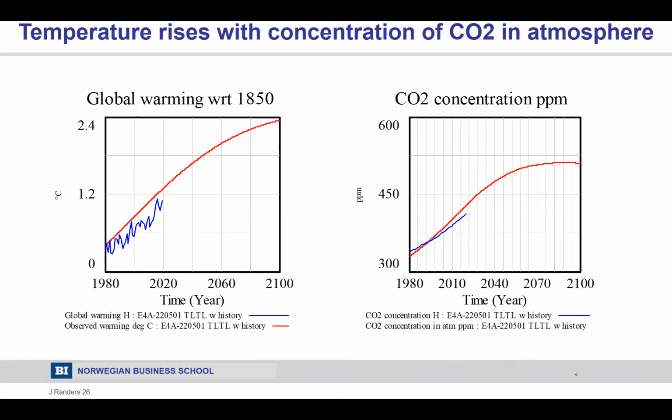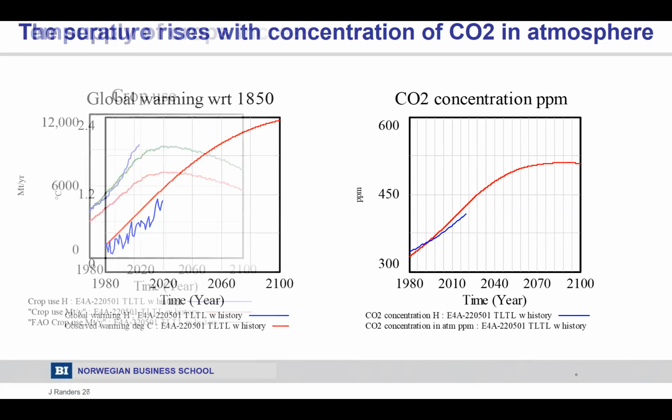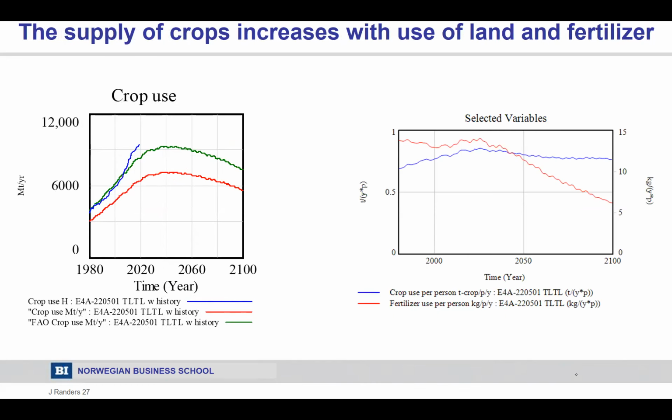And the CO2 crop use here, the red line. So interestingly, we assume, like we did in our former studies 3 years ago and 10 years ago, that the world will only need roughly 30% more crops at the peak than it needs now. And that is the red line, which is our forecast.